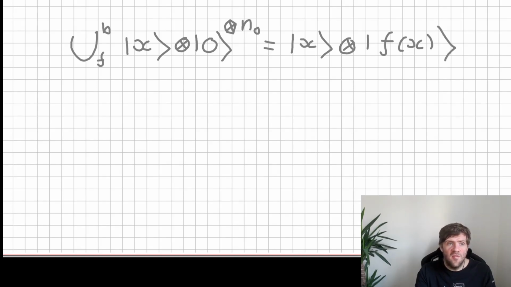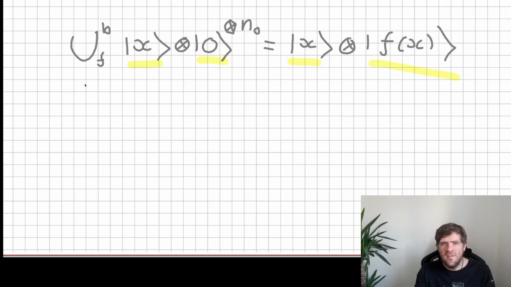So we've got two quantum registers, one of N_I qubits, one of N_O qubits, and it effectively doesn't do anything to the register that encodes the input, but it does do something to the register that encodes the output.